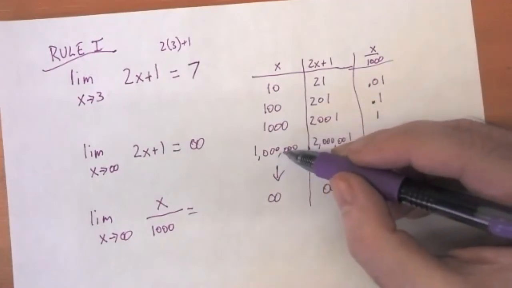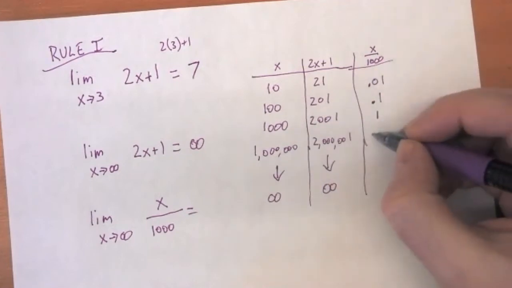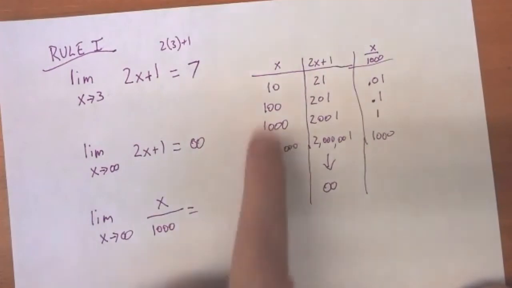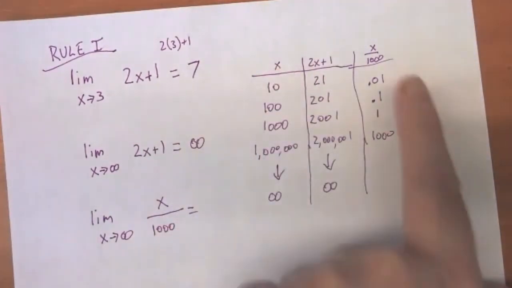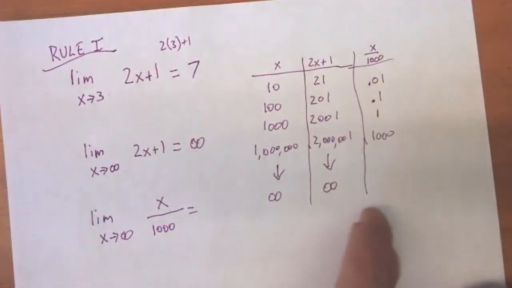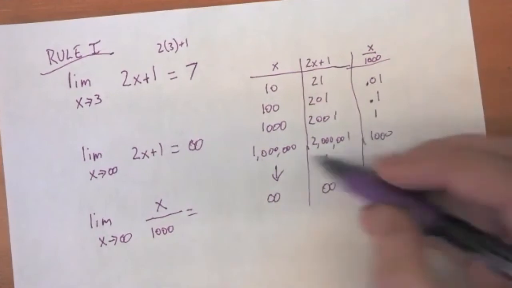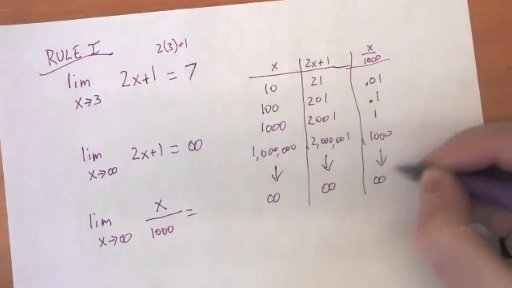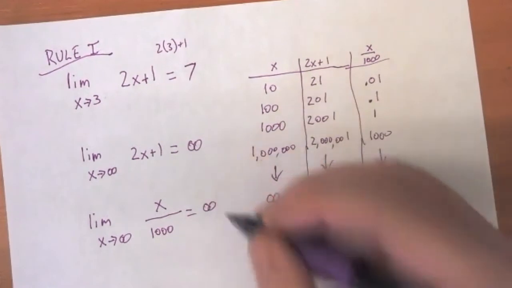When you take a number like a million and divide it by 1,000, you get 1,000. As this column gets bigger and bigger, so does this column. Even though it's getting bigger slowly, it's still not going to stop increasing as these numbers over here are increasing. So once again, this limit is going to be infinity.